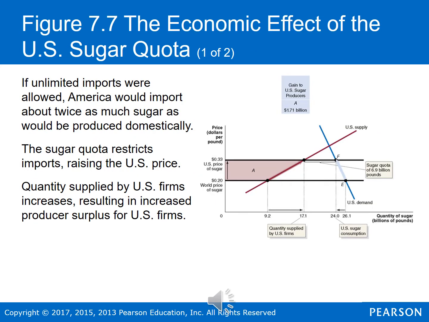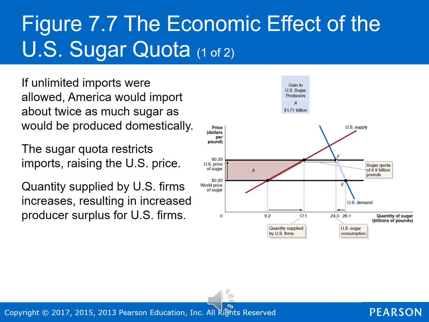So let's see what would happen if there were unlimited imports of sugar allowed into the United States. Basically, the U.S. would import about twice as much sugar as would be produced domestically. The sugar quota restricts U.S. imports, raising the price in the U.S. So at the world price of 20 cents, let's carry that across the supply and demand curves.